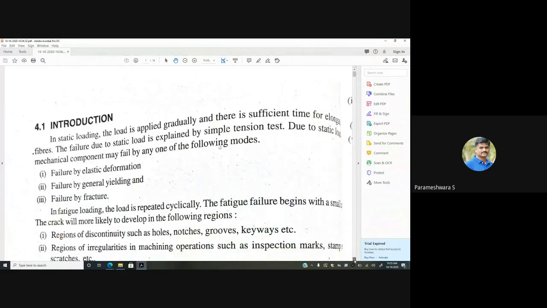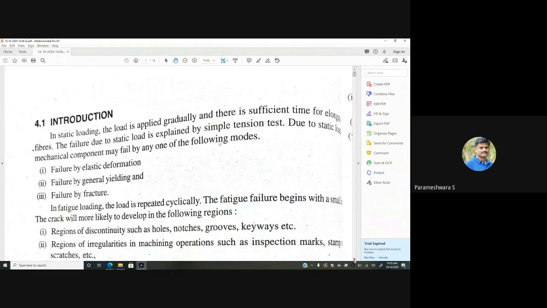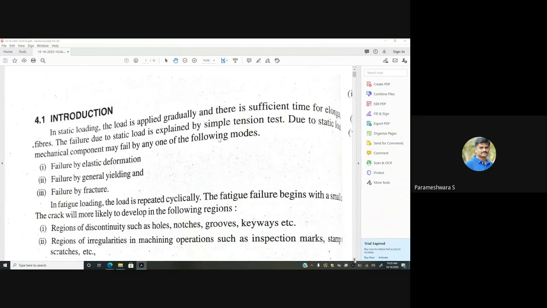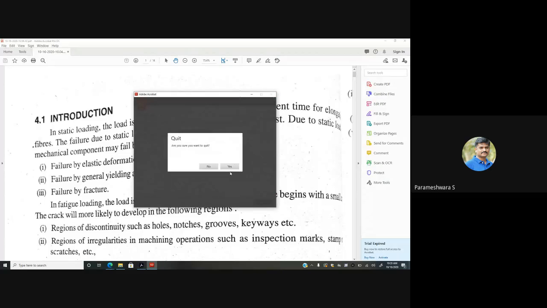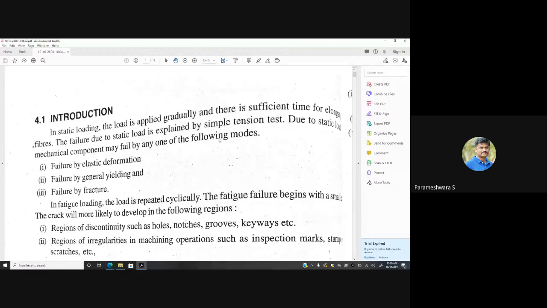So today I will take up a new chapter under module 2, that is design for fatigue loads. So far we have studied design for static load and design for impact load.